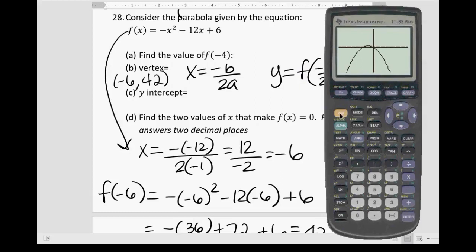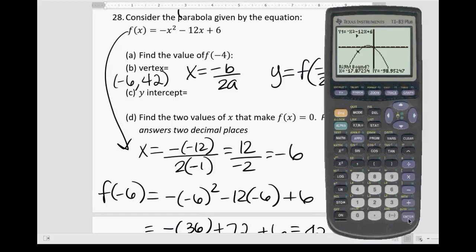The calculator finds the zeros, that's the same thing as the x-intercepts, the same thing as the values that make y equal 0. So you would do second, calculate, and you want to find a zero. You can only find one at a time, so you have to tell it which zero you want to find. So find that left zero, the left value where the graph is crossing the x-axis.